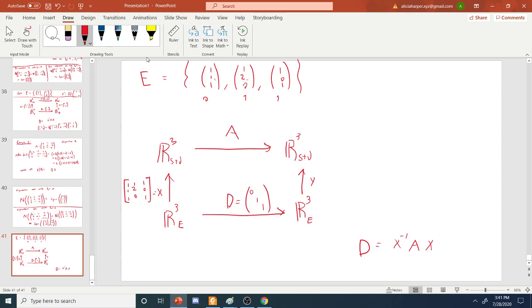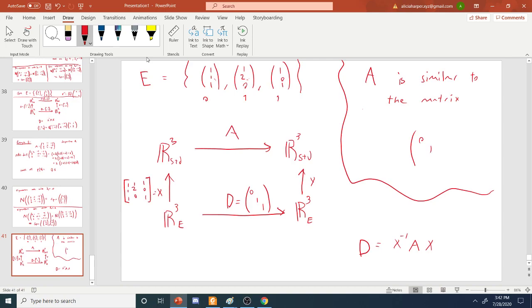And I'm going to omit the calculation of X inverse because it's just the inverse of a 3 by 3 matrix, and we've done plenty of those in this course. So this shows that A is similar to the matrix 0, 1, 1, and hence is diagonalizable.